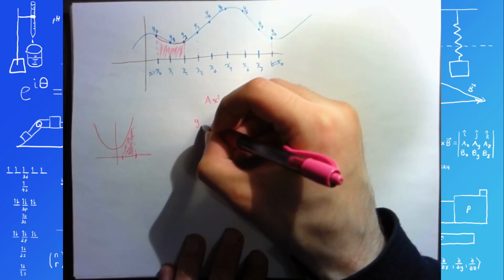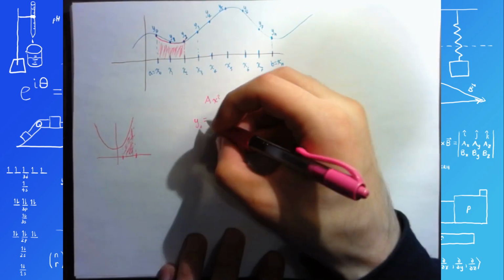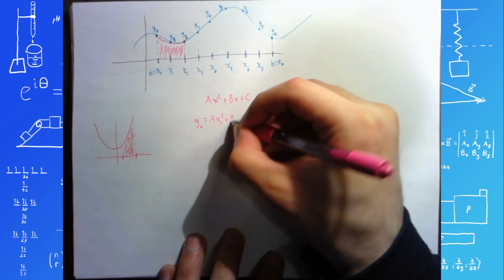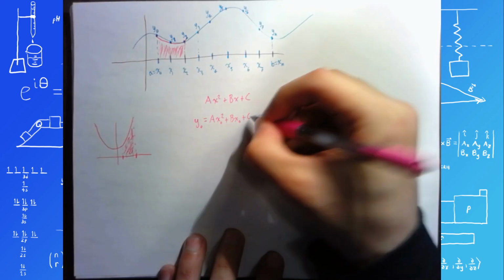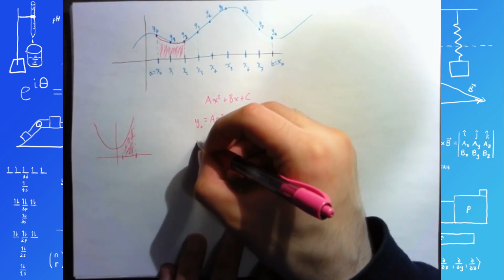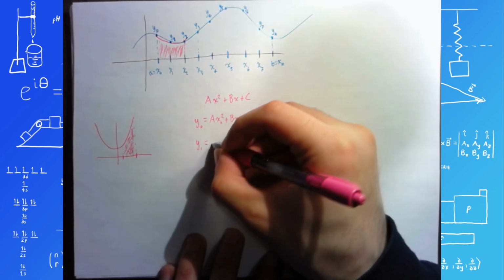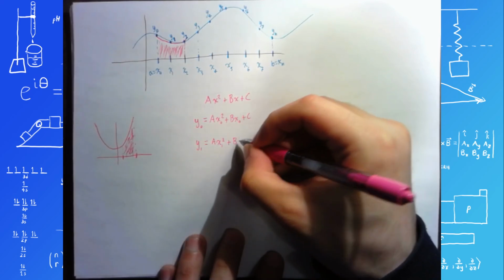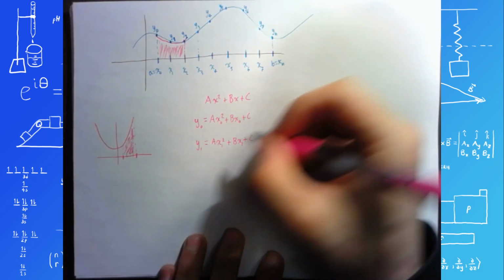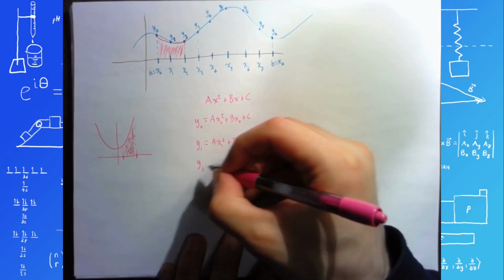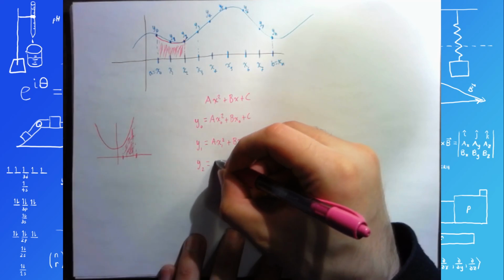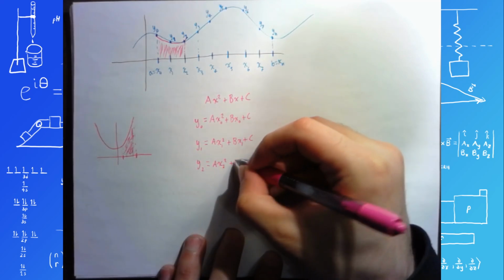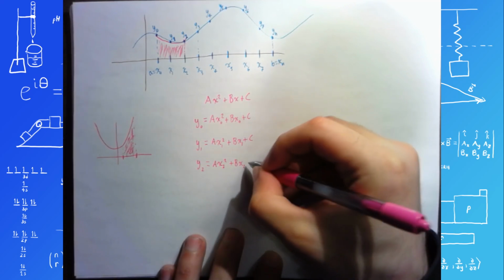I would have to satisfy y0 = a x0² + b x0 + c, and y1 would have to satisfy a x1² + b x1 + c, and y2 would have to be a x2² + b x2 + c.